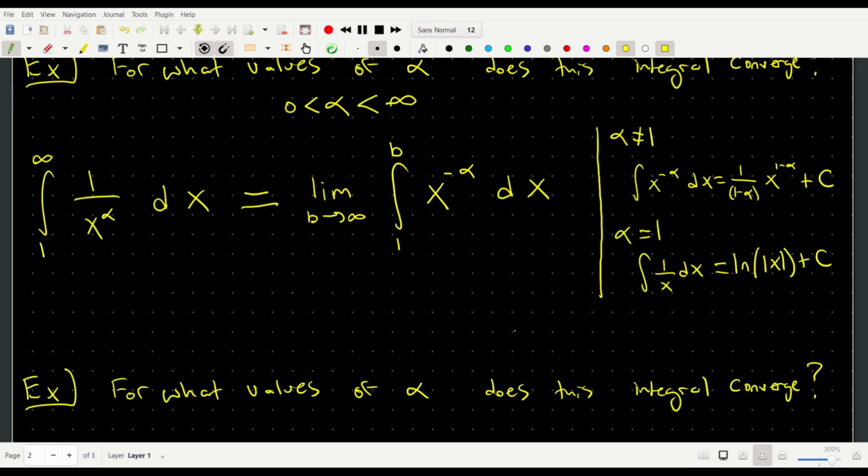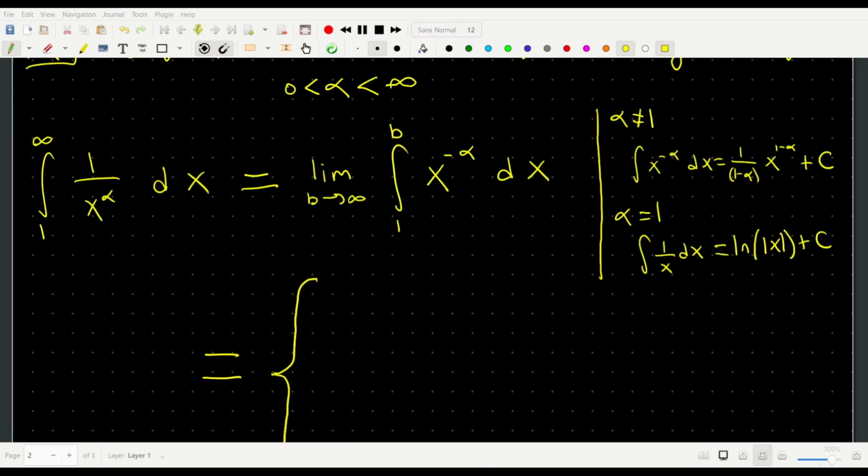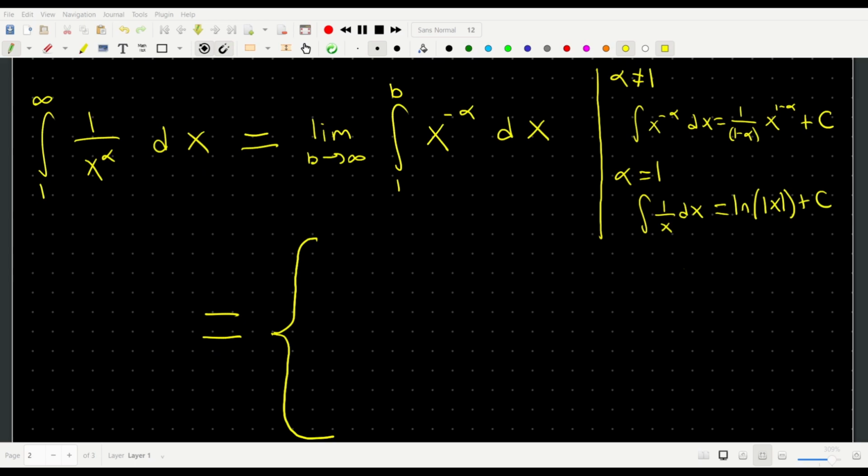And so because of that, the answer to our problem is going to split into 3 parts. Well, when alpha is not equal to 1, it is between 0 and 1.